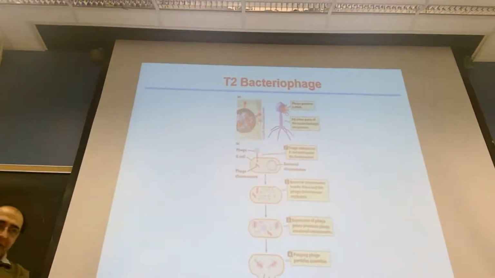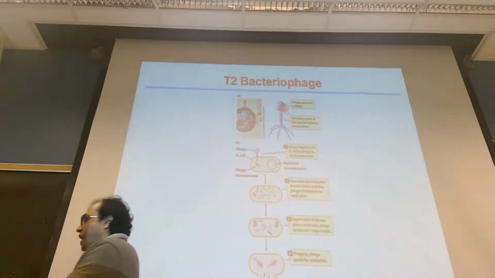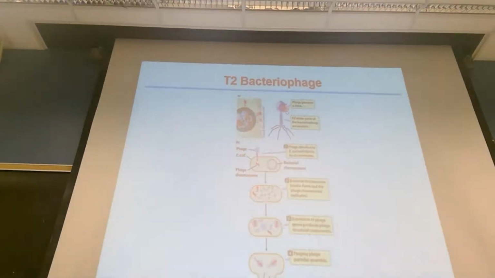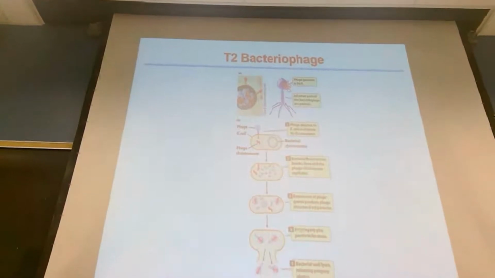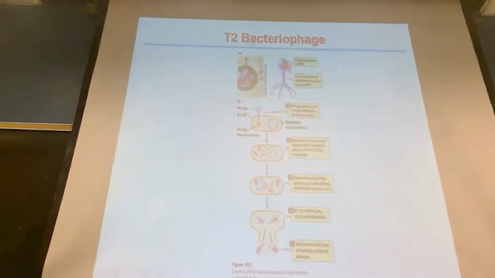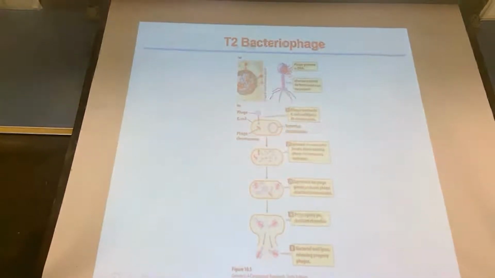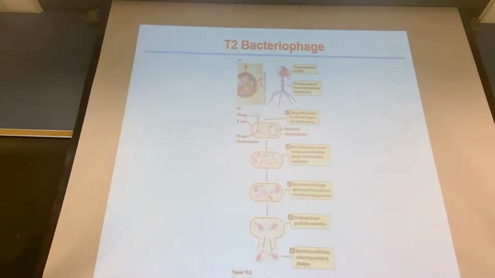Another experiment was on T2 bacteriophages. What is a bacteriophage? Do you know phage virus? It's a virus that attaches to the bacterial cell, and the bacterium becomes its host. Generally, the structure of the virus is something like this.